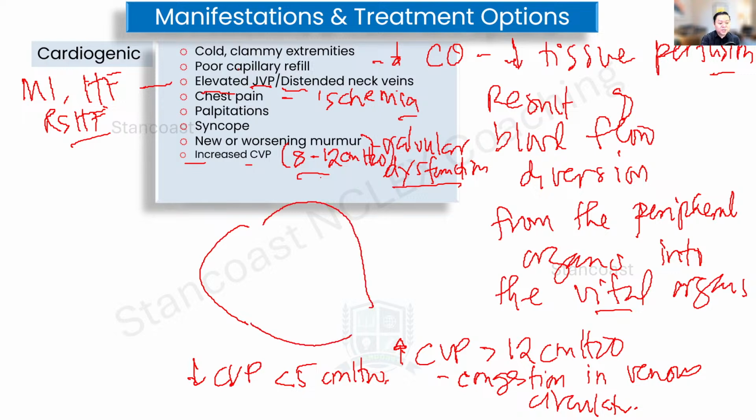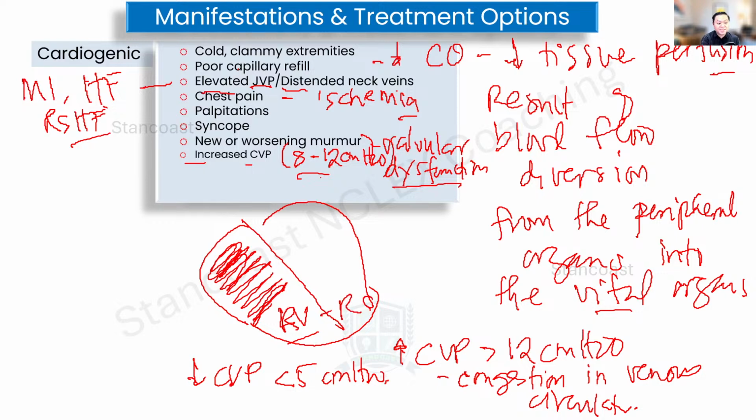The right chamber of the heart will be congested because of the problem specifically in the right ventricle, in right-sided heart failure. So again, this can cause the congestion of blood in the venous circulation. Of course, the jugular vein will also be seen getting engorged. All right, so that's going to lead to an increasing CVP.